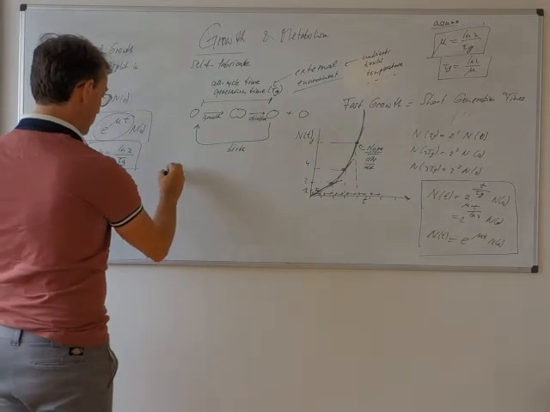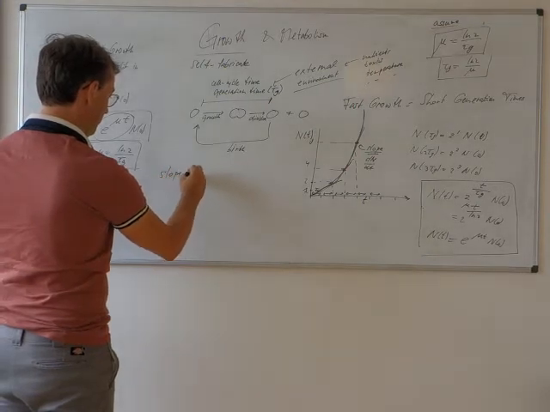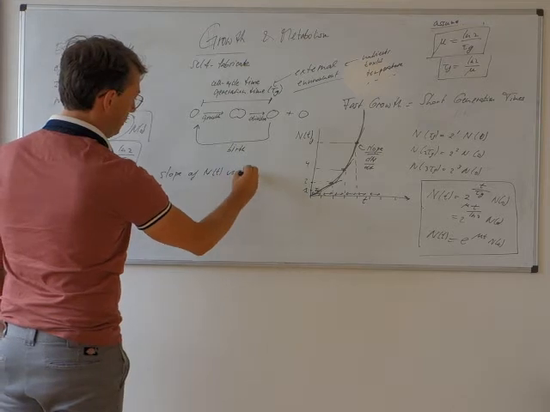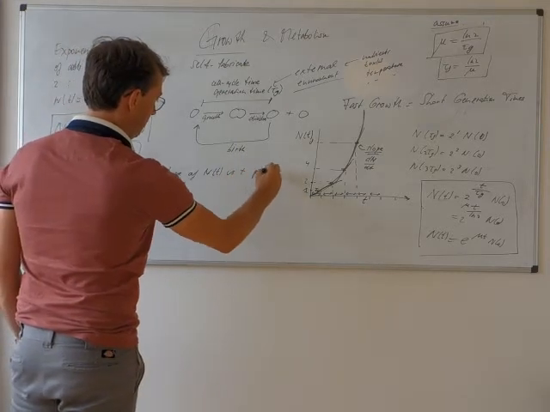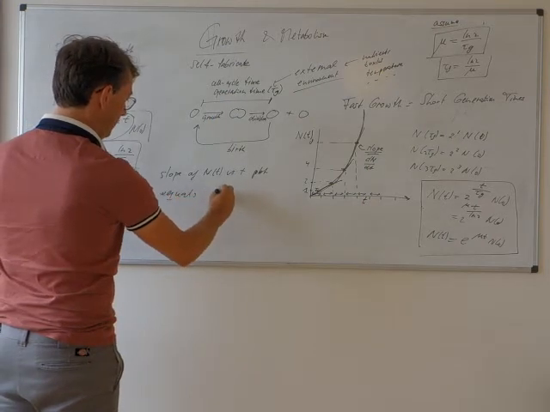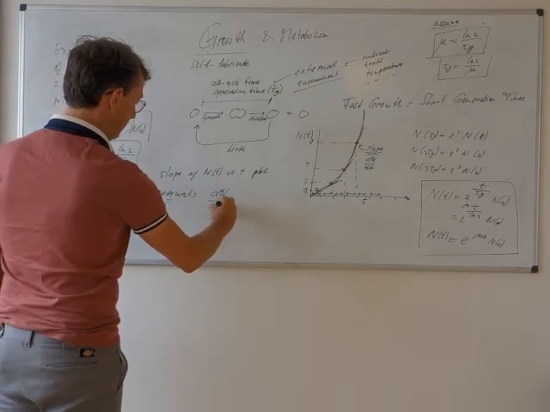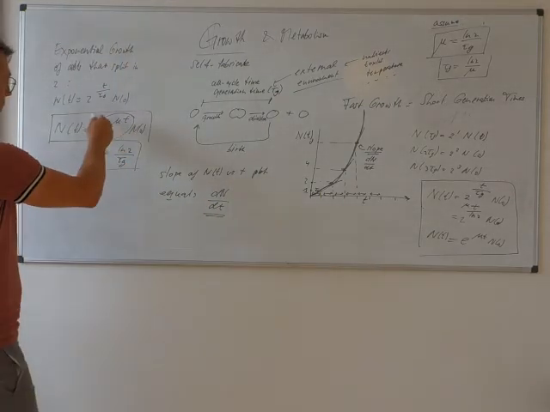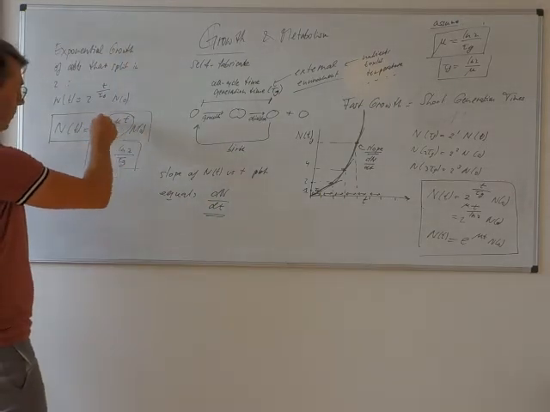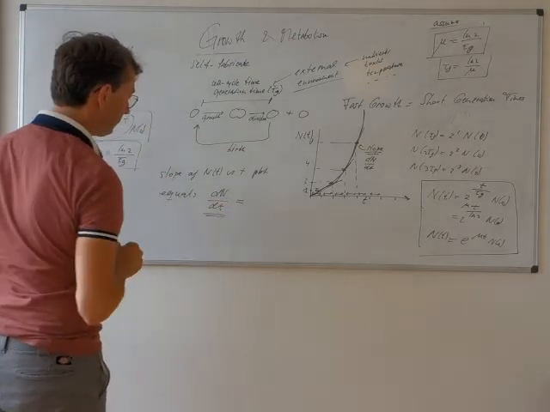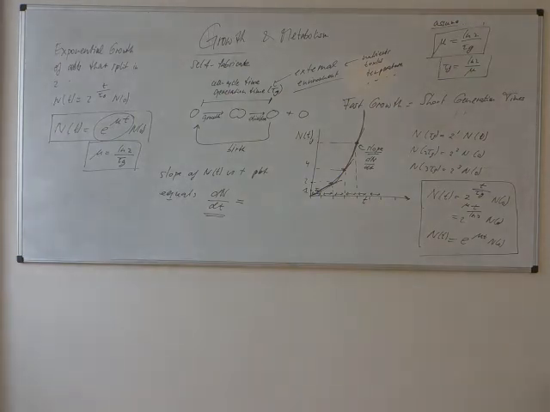So the slope of the nt versus t plot equals dn/dt. Okay? So we need to take the derivative of the right hand side and the left hand side, to figure out what the slope is.